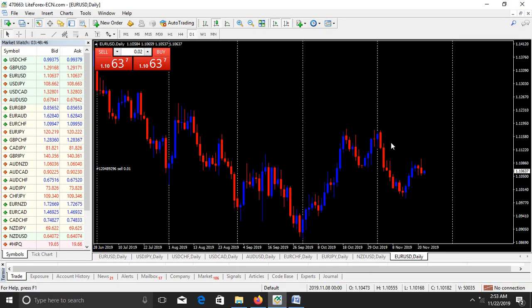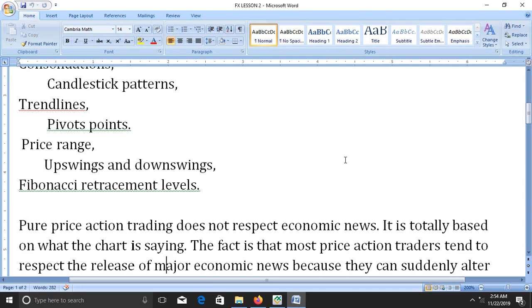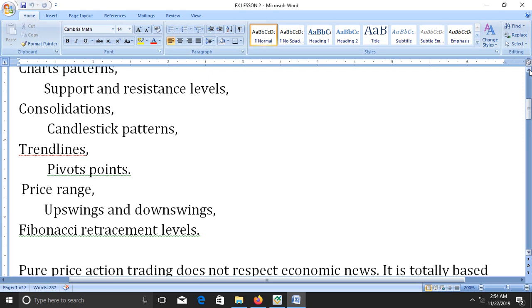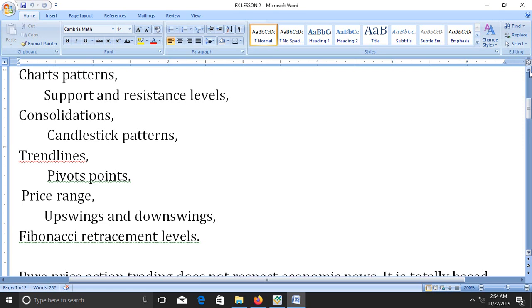Very soon we're going to learn all these things that I mentioned here, and how we can effectively use them to call our trade. We need to know how to read chart patterns, and we learn about support and resistance down to Fibonacci retracement levels.